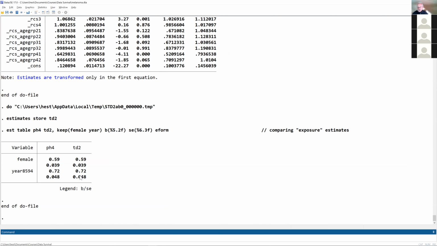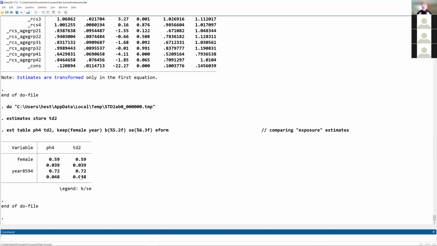So here is a question. Do you need to do anything to the data to prepare it for a time varying analysis? No, there's nothing special here. So don't confuse this with a situation where you have a variable that is changing values over time, for instance, a time varying exposure.